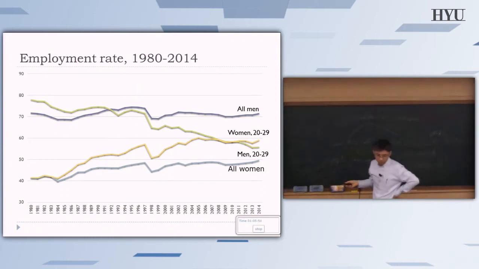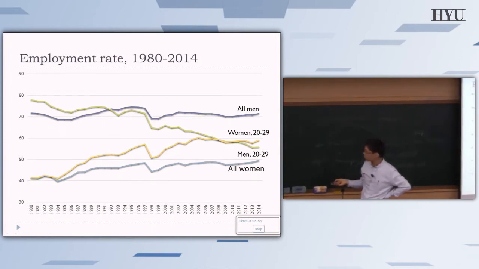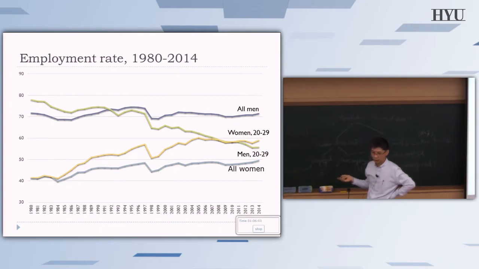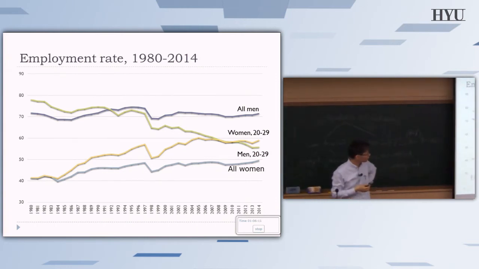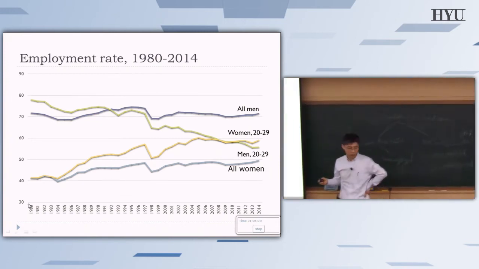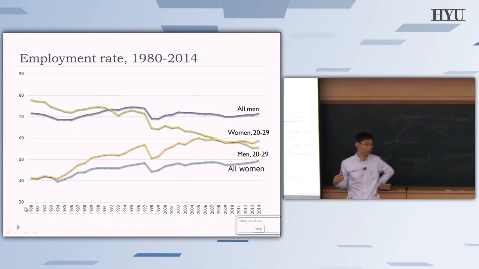So if you look at the Korean statistics, that's what happens for the, let's say, 10 years. So smaller and smaller percentage of young people are working. So that's why the Korean government and societies in general talk about this youth employment issues.